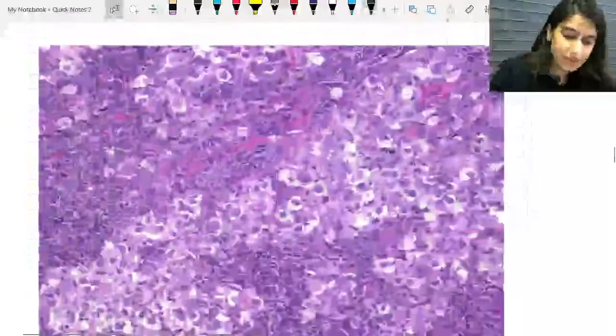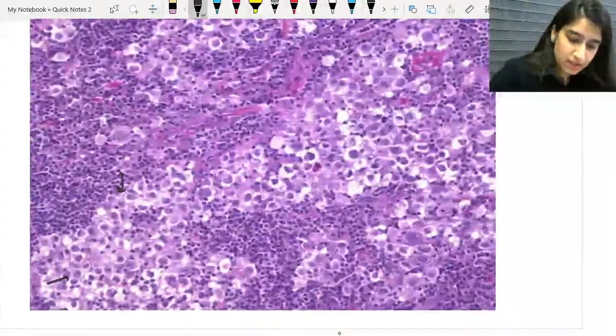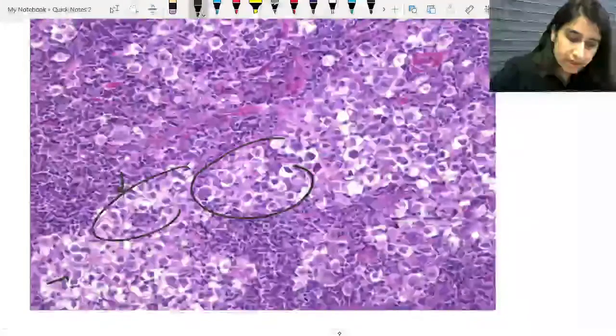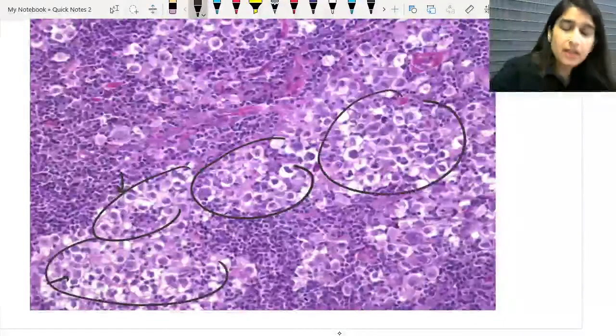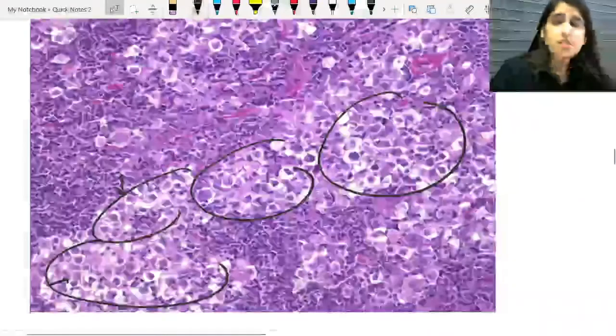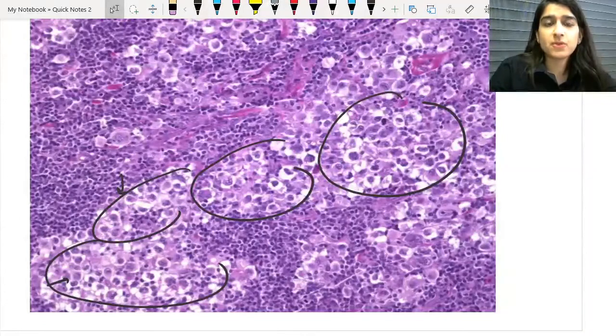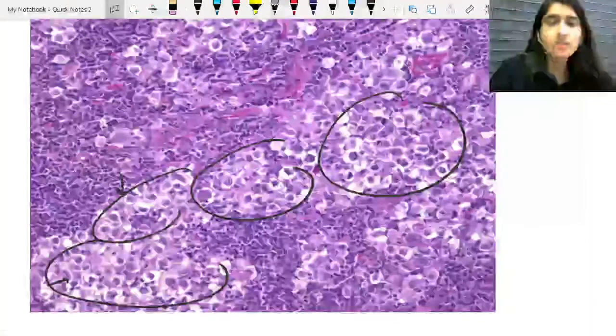Okay, so if we look at the higher magnification, you can beautifully appreciate the clusters of the clear lacunar Reed-Sternberg cells. There was an important MCQ which was asked in one of the exams, that lacunar Reed-Sternberg cells are positive for which CD markers. So it is the same scenario.